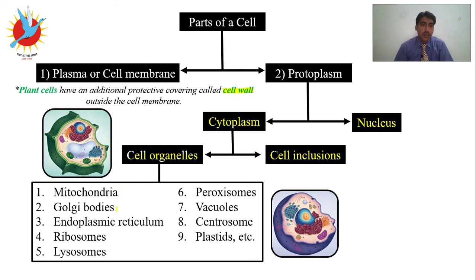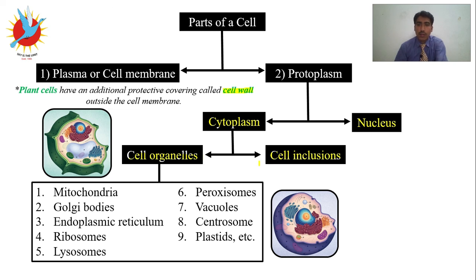Golgi bodies, endoplasmic reticulum, ribosomes, responsible for protein synthesis. Lysosomes are known as suicidal bags. Peroxisomes, vacuoles provide shape and structure to the cell. Centrosomes and plastids and many more. So these cell organelles all together perform different kinds of functions for the cell.